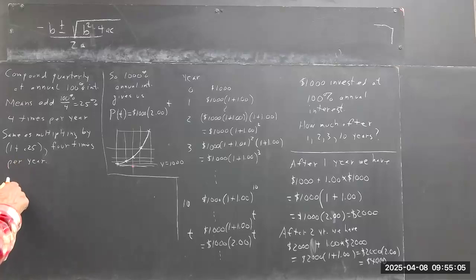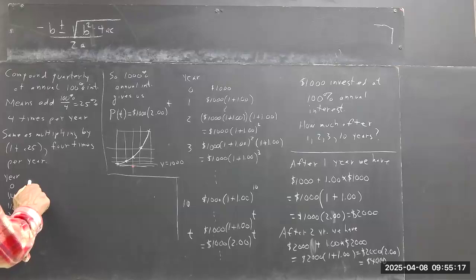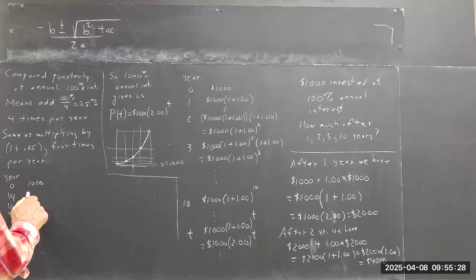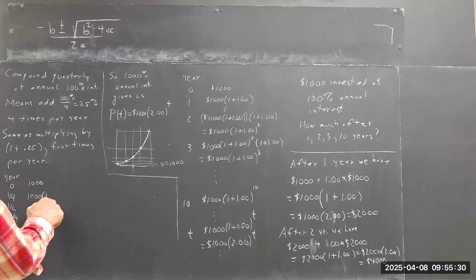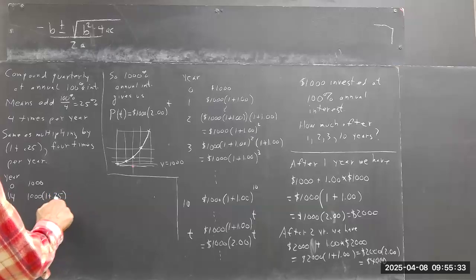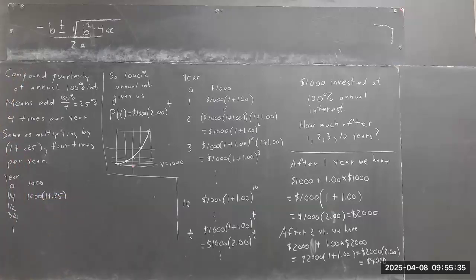I'll break it down. Zero, 1/4, 1/2, 3/4, 1. At year 0, you have $1,000. At year 1/4, that's the first quarter, you have 1,000 times 1 plus 0.25. 1,000 times 1 is your $1,000 that you get to keep.